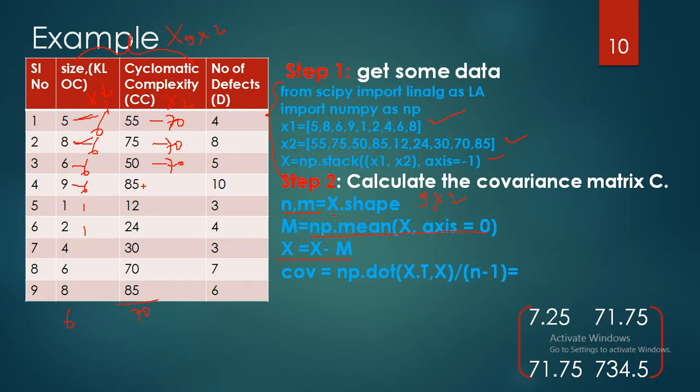Once it is mean centered, then you compute the covariance matrix by doing X transpose X divided by n minus 1. The dimension of X is 9 by 2 and the dimension of X transpose is 2 by 9. So if you multiply, you will get a 2 by 2 matrix. Here you can see the variance in x is small, but the variance in y is so huge.